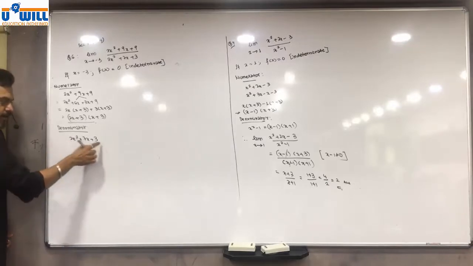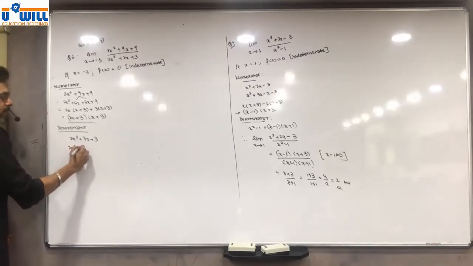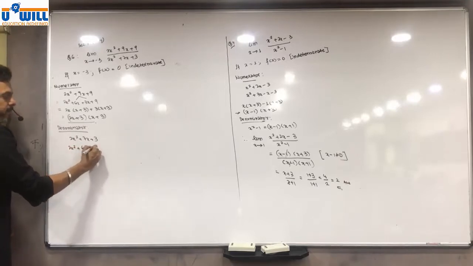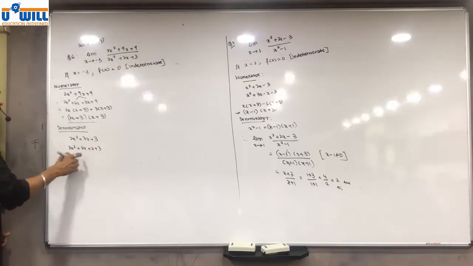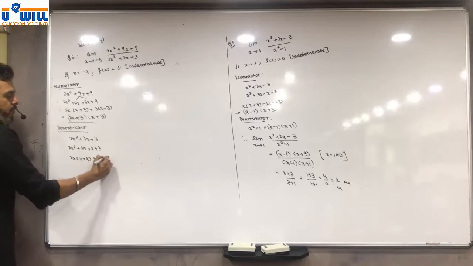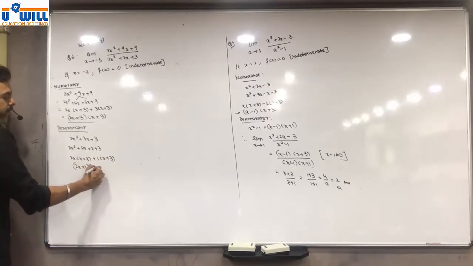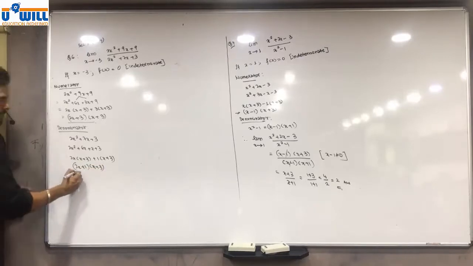Now how will you do it? 3 2s are 6, 6 into 1 is also 6. So 2x square plus 6x plus x plus 3. 2x, x plus 3 plus 1, x plus 3, which is 2x plus 1, x plus 3.